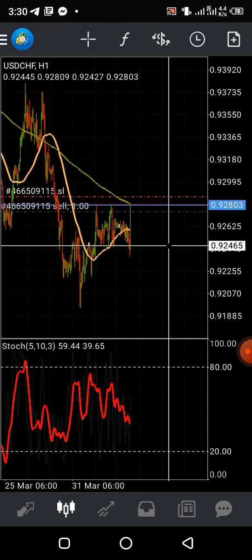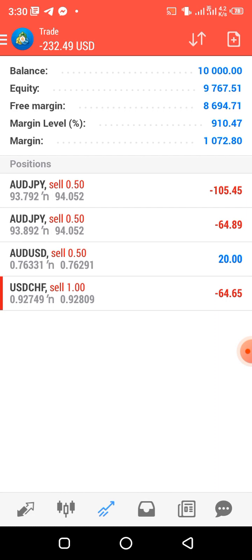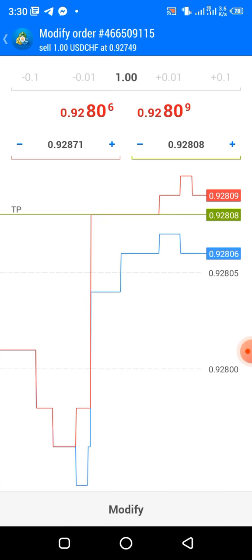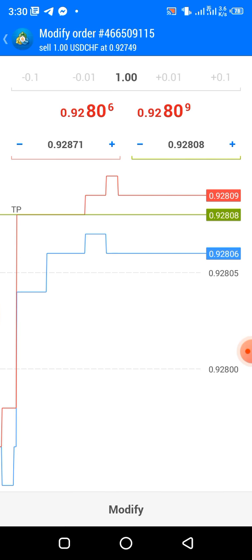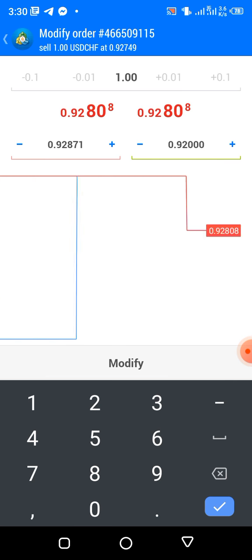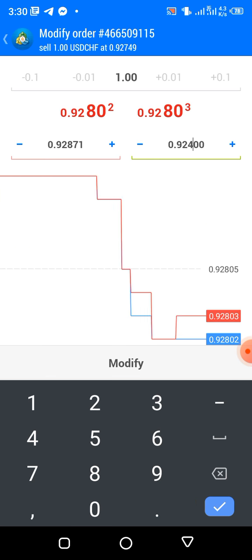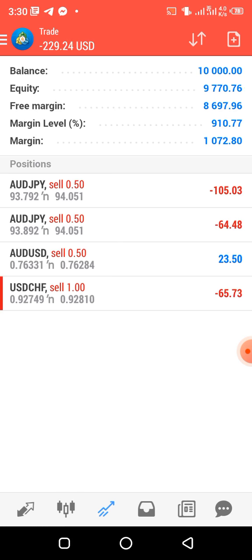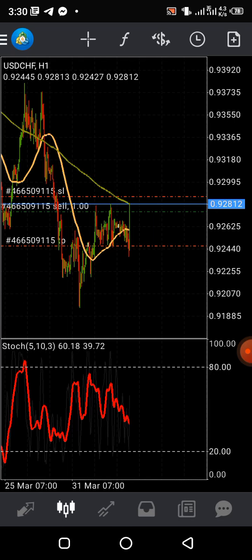So I'm looking at 0.92465. All right, so I modified that order. Okay, so let's look into that as well. All right, so now I totally have my take profit level and a stop loss level.